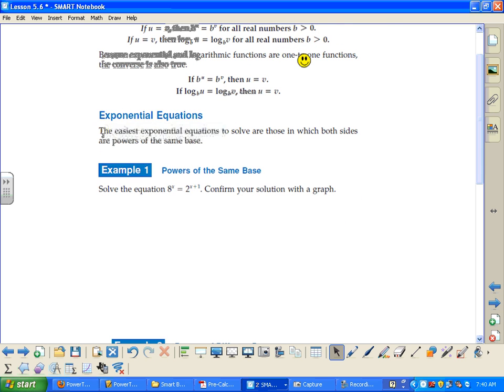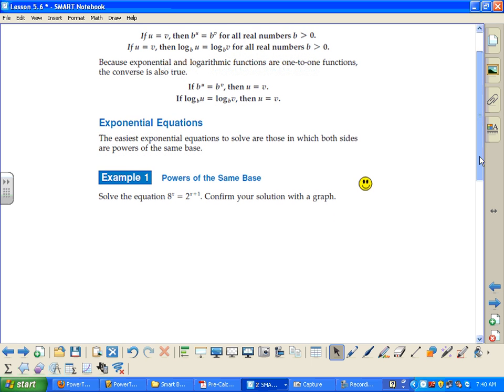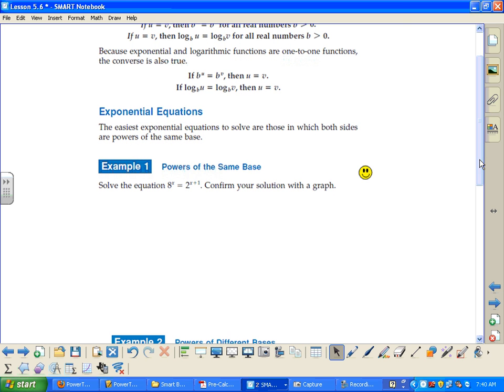So first of all, let's look at this one here. Whenever we can, we want to make the bases the same. In this case, we have 8 to the power of x is equal to 2 raised to the power of x plus 1. Can I change 8 to be 2 to some power?